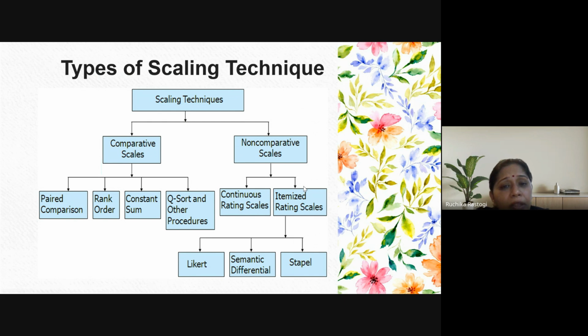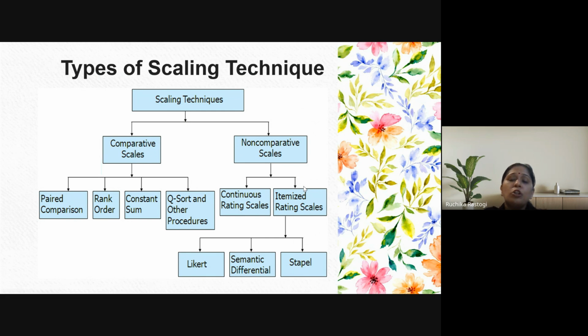We can see on this slide that scaling could be of two types, comparative and non-comparative. Broadly, when we are about to compare two items together, like when I want to say which product is better or which website is better, for example Amazon, Flipkart or Myntra, that means I am making a comparison between these three.